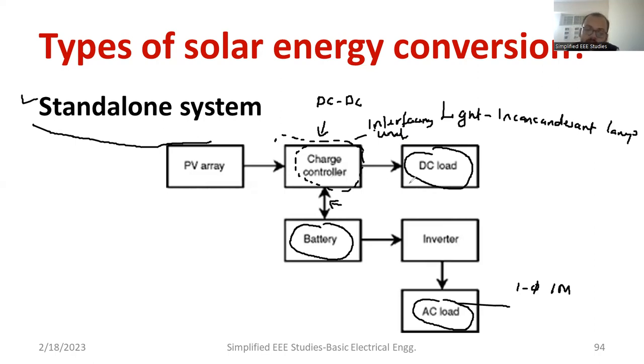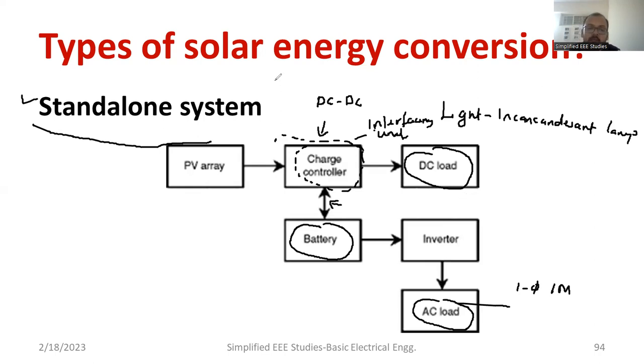So during the daytime, we are utilizing energy from the PV panel or PV array, and that will be given to the load through the charge controller. The excess energy is given to the battery. During the night, the output of the PV array is zero because it operates only during the daytime. So the energy supply will come from the battery to the load. I think you understood.